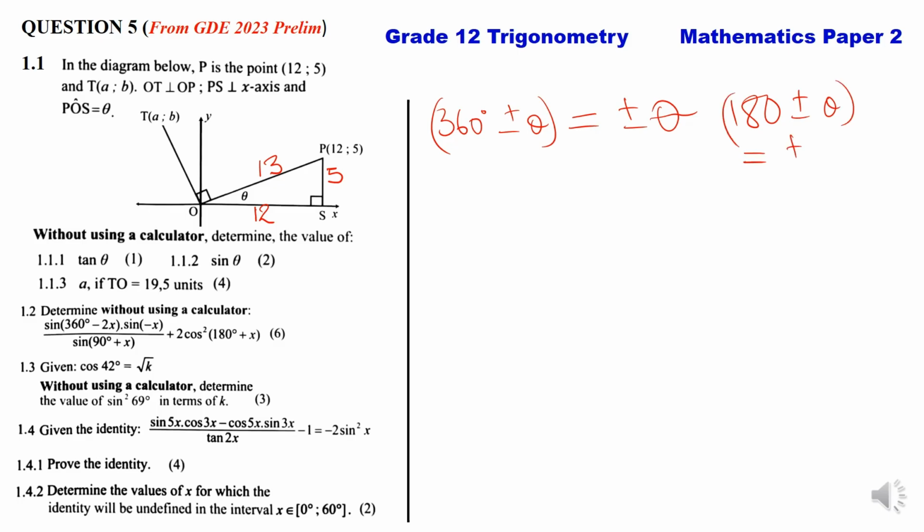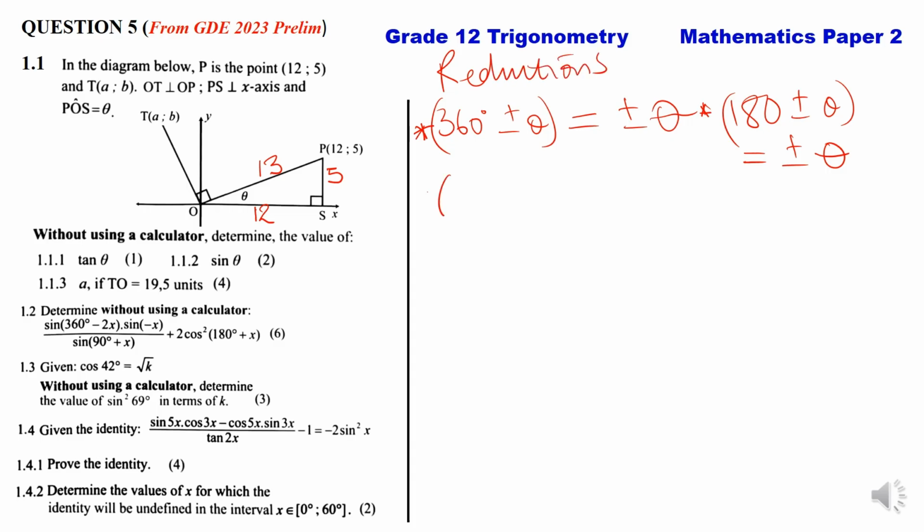I remain with plus or minus theta. I must then make sure that the resulting expression is positive or negative, and I must check that the sign is correct for that one. Then I must remember my co-functions. So these ones, they fall under reductions.